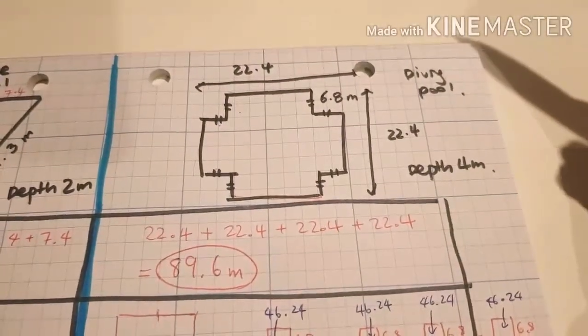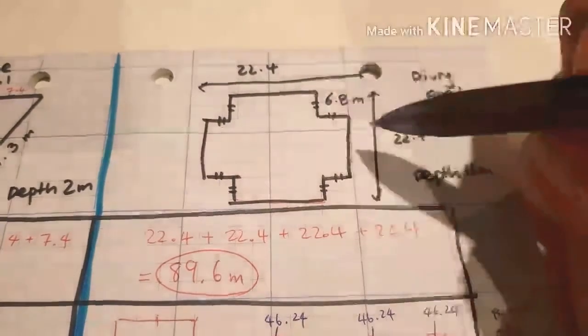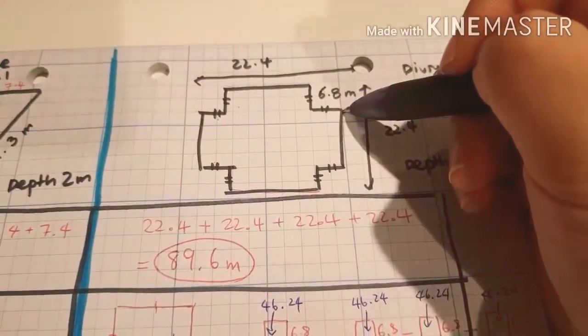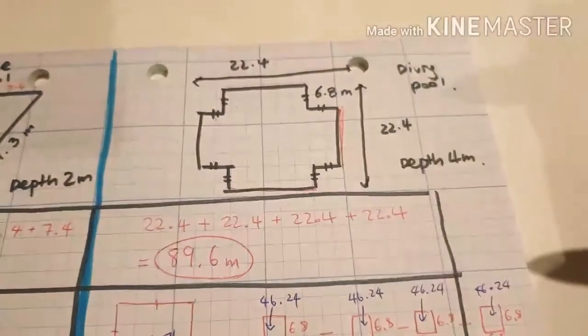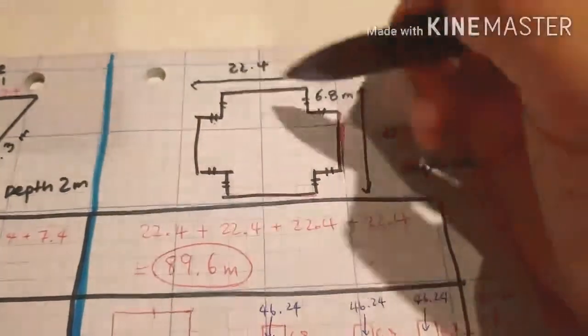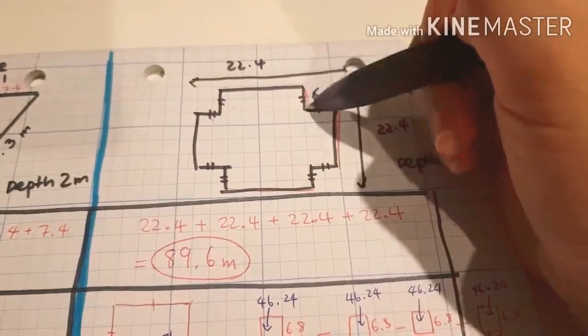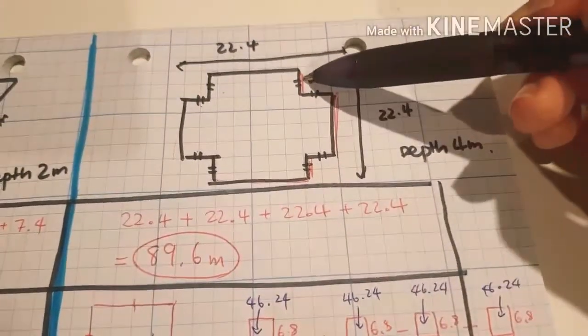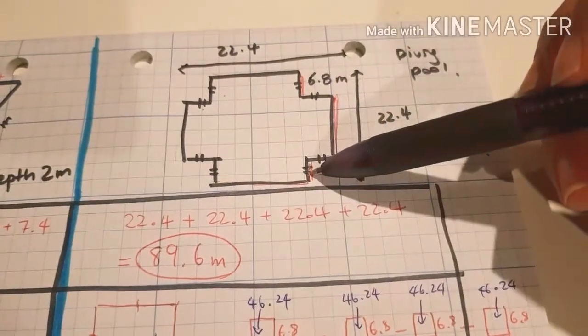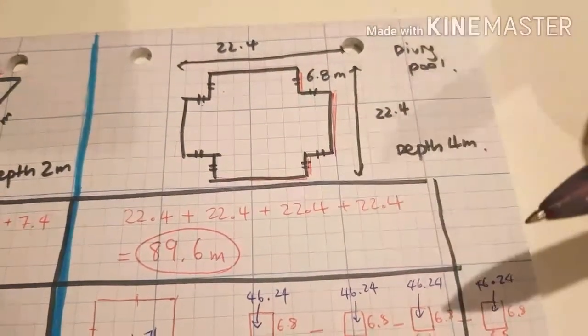Or another easy, clever way would be this. What's this side plus that? If I add all 3, what would it be?